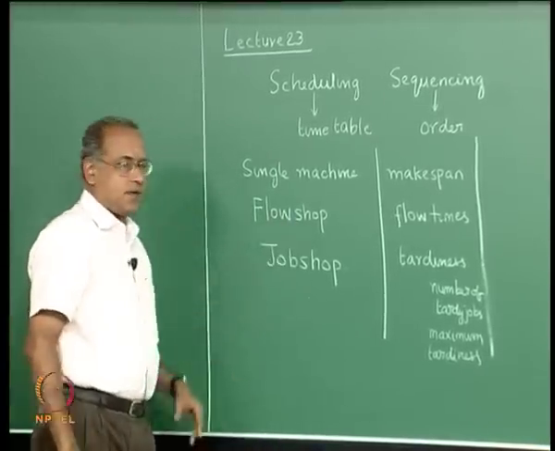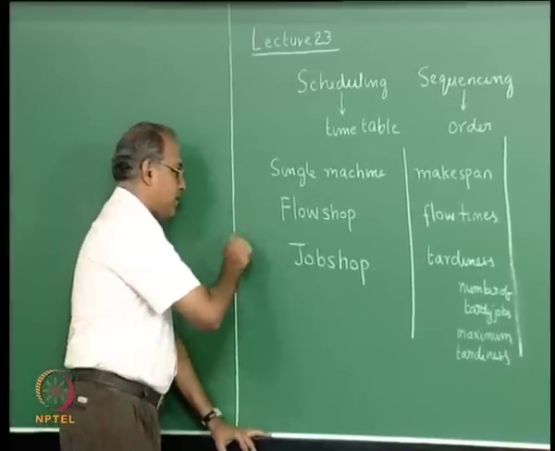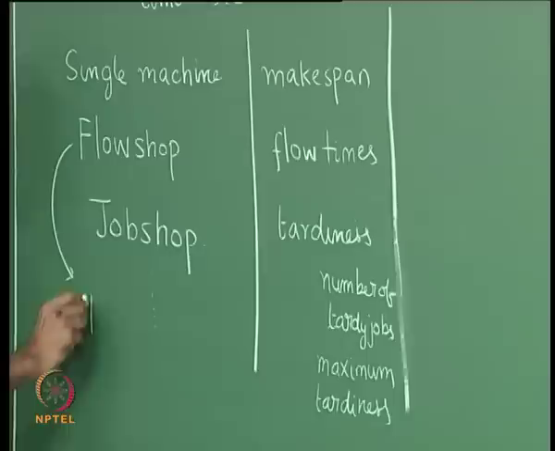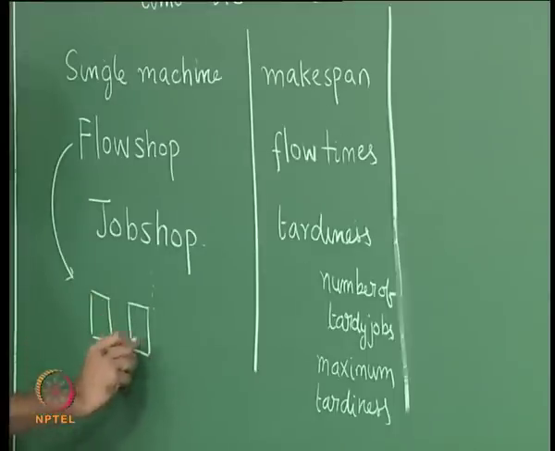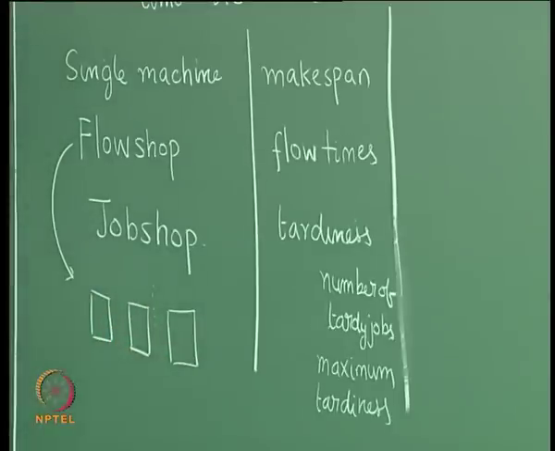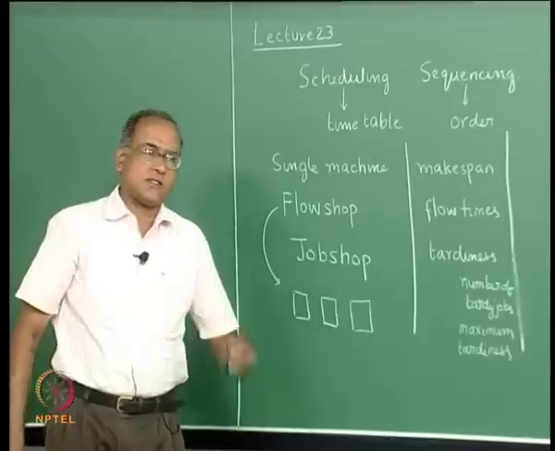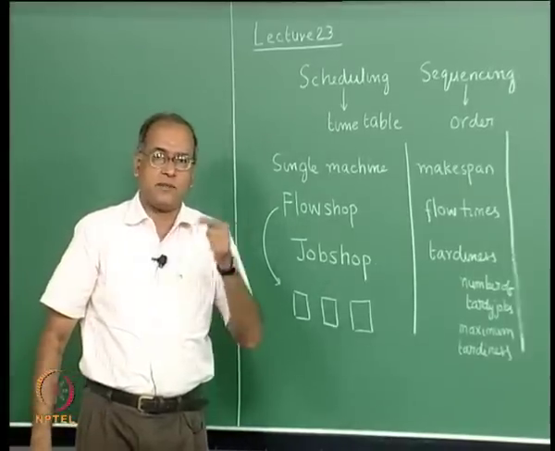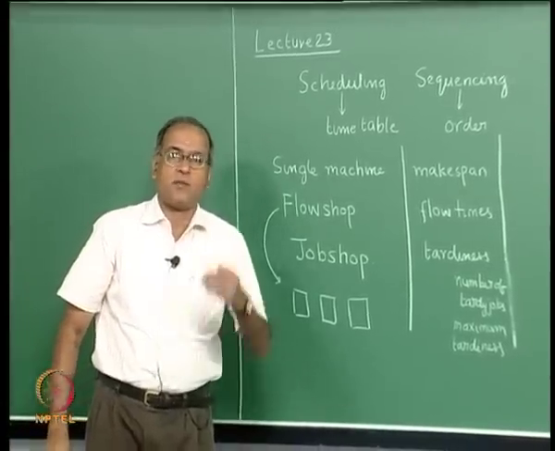A flow shop is a shop or a manufacturing system where the machines are arranged in a particular order and all the jobs pass through all the machines in the same order.